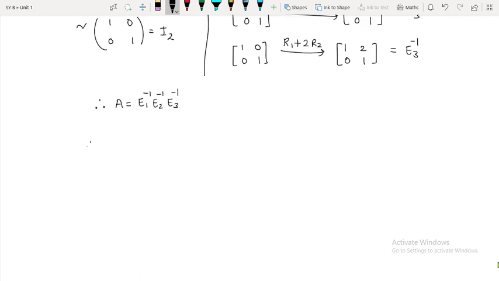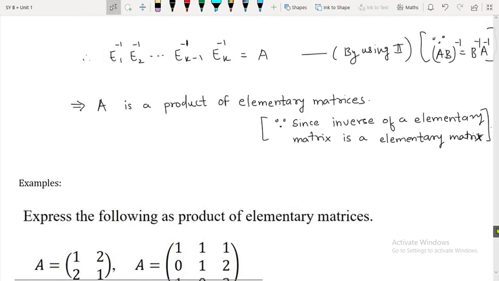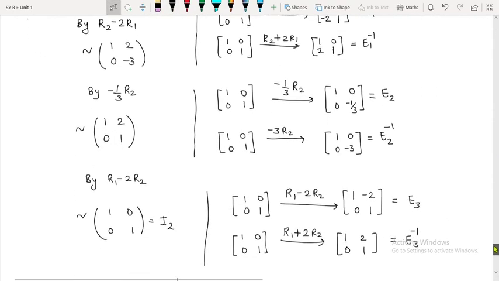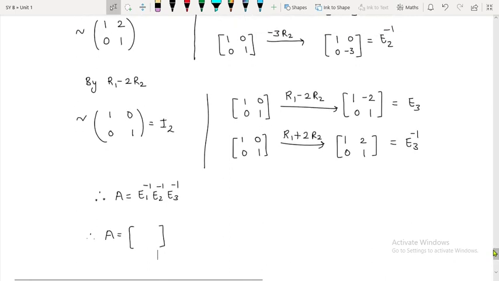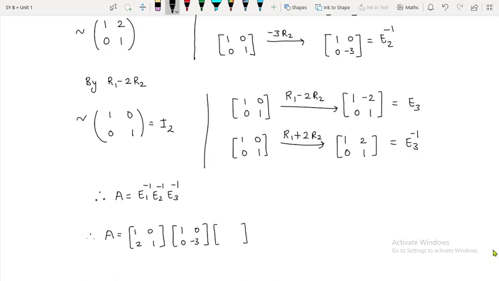So what is our E1 inverse that we are supposed to write? My E1 inverse is, I guess, 1 0 2 1. So I'll write it here, 1 0 2 1. My E2 inverse is 1 0 0 minus 3, and my E3 inverse is 1 2 0 and 1.